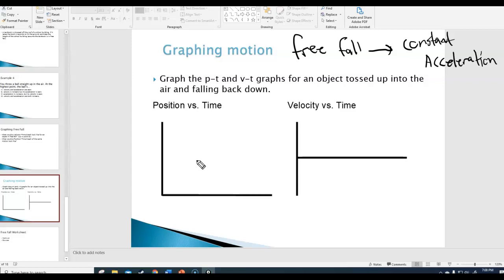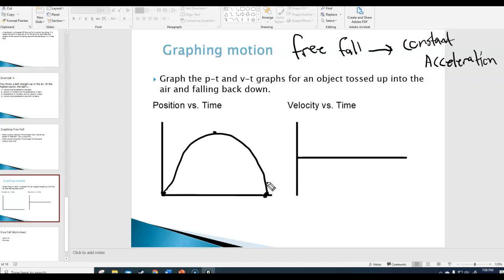So in the case of an object being tossed up into the air and then falling back down, the position time graph kind of looks like what you would expect. It does look like a parabola, and it looks something like this. An object goes up, reaches its highest point. This should be a perfect parabola. It looks kind of wonky because I can't draw. But it goes up, reaches a maximum height, and then it falls back down.